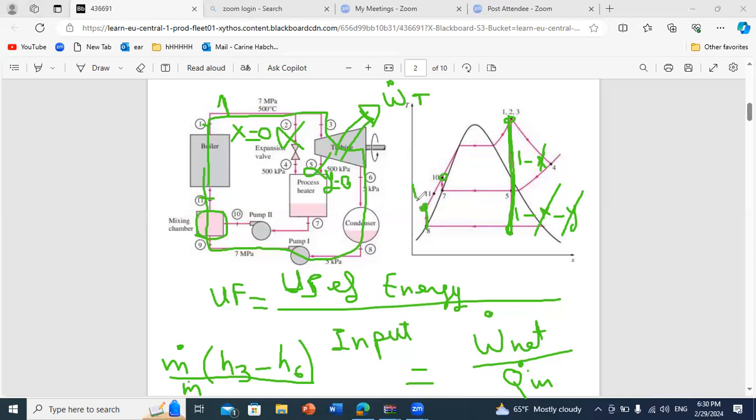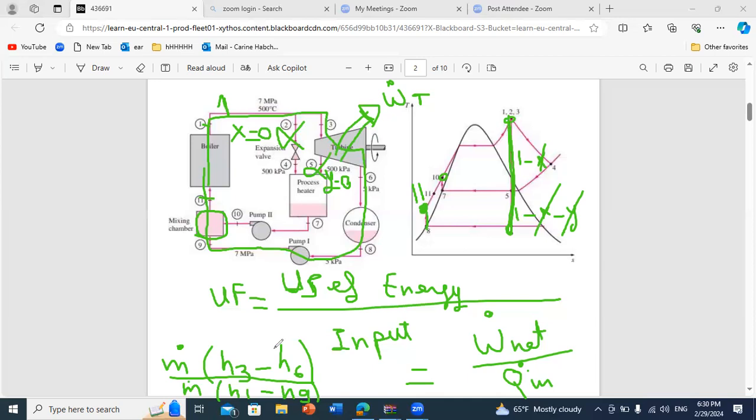That's why I will just take H of point 9. So it's m dot times H1 minus H9. This is the conventional way that I usually do. It's the Rankine cycle, and in this case, I only produce work. I'm not producing any process heat.